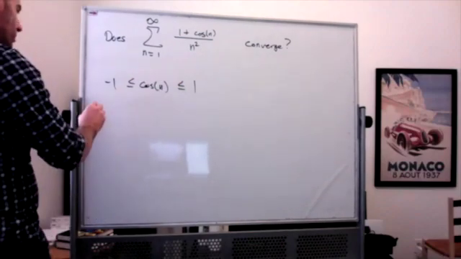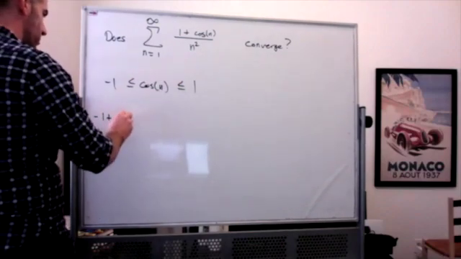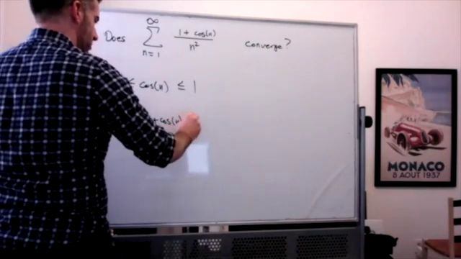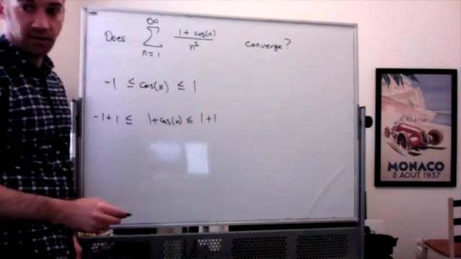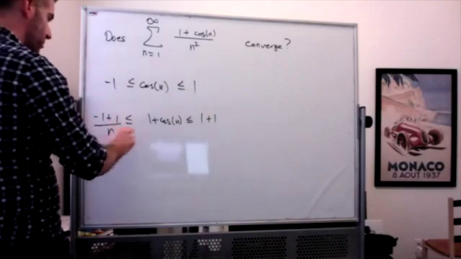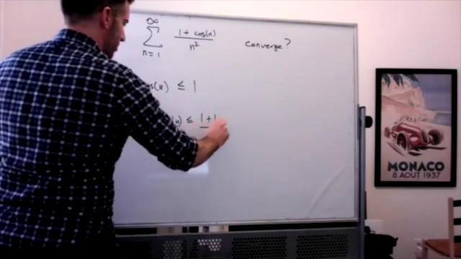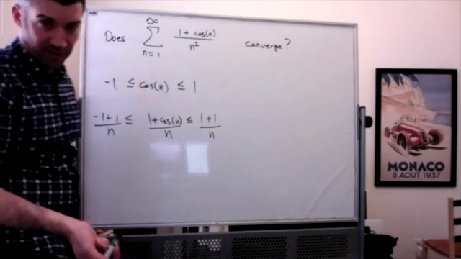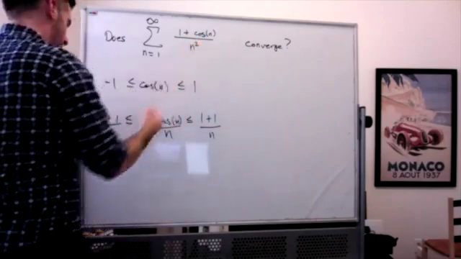And then I can manipulate this to look like that. I can add 1. And I can divide everything by n. Sorry, I could divide everything by n, but I want to divide everything by n squared.